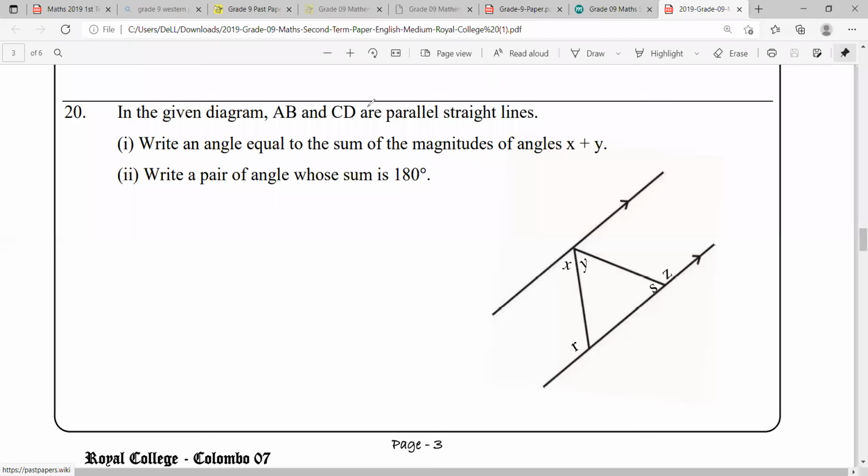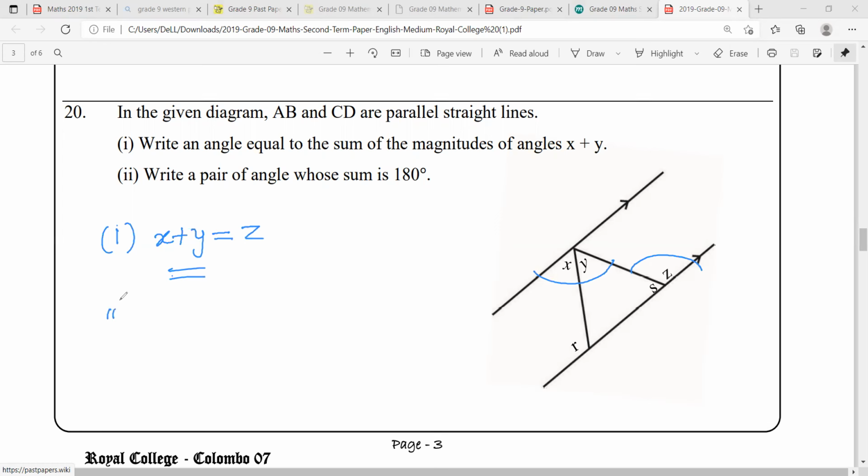And here in the given diagram, AB and CD are parallel straight lines. So write an angle equal to the sum of the magnitudes of x plus y. You can see x plus y is equal to z, because these two are alternate angles. So you can write it here: x plus y is equal to z, right?